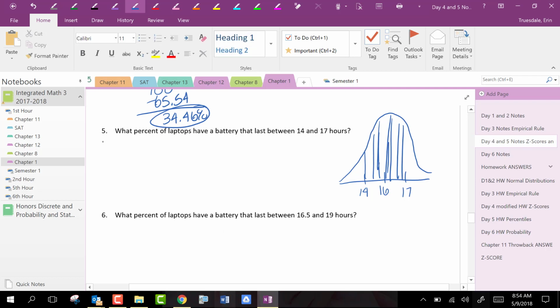We have to figure out the 14-hour z-score then. So I'm going to do z equals 14 minus 16 divided by 2.5, and that gives you a negative 0.80. Look that up in the chart.